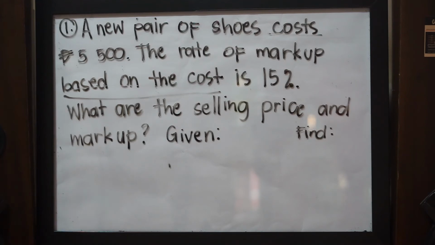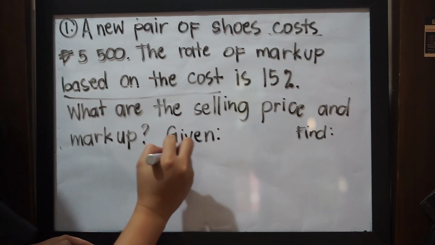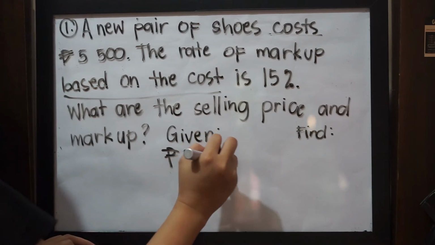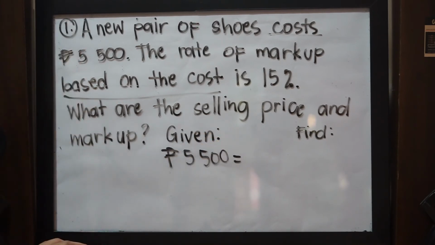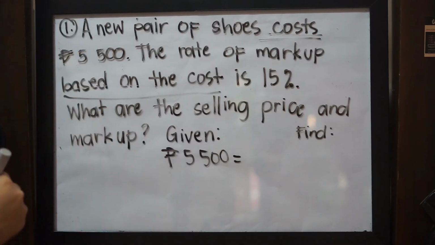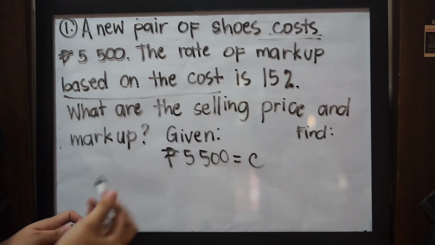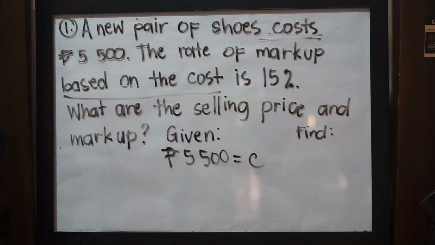So, in solving these problems, we will still follow the same format na given, find, and solution. So, let's start with the given. For the given, we have the first numerical value as 5,500. Analyzing, 5,500 is the cost. Bakit? Kasi directly sinabi sa problem na a new pair of shoes costs 5,500 pesos. You can use abbreviations. No need to spell out.